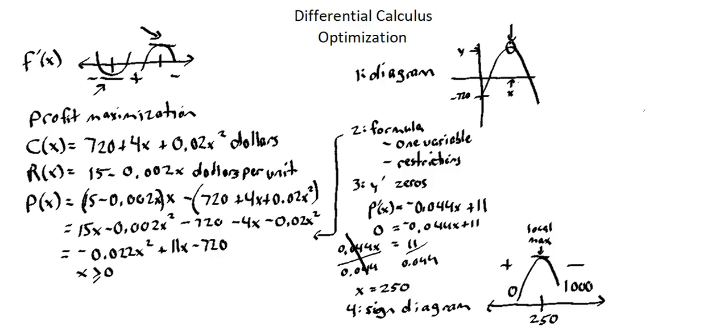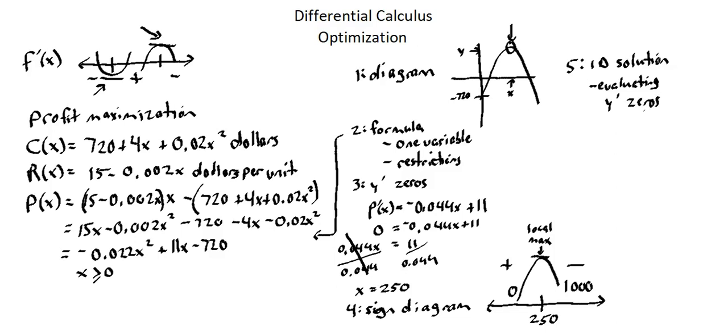Now my fifth step is identify solution. And first I begin by evaluating the derivative zeros. In our case, we only have one, 250.